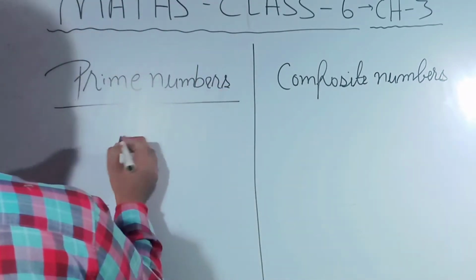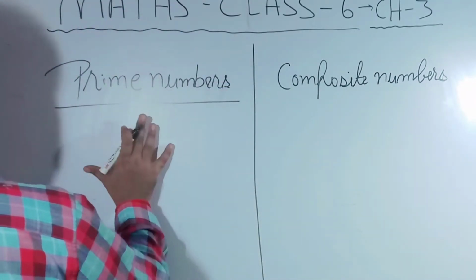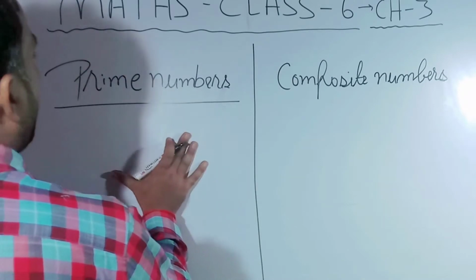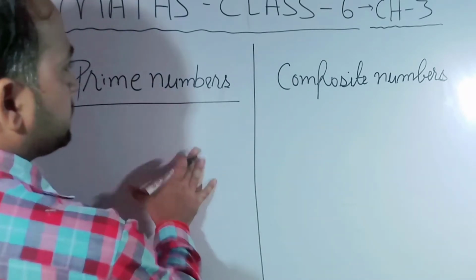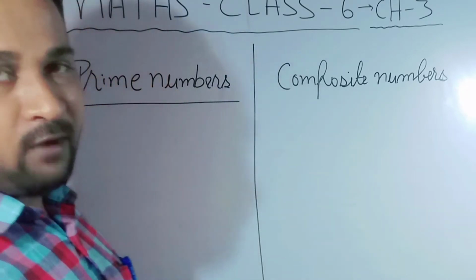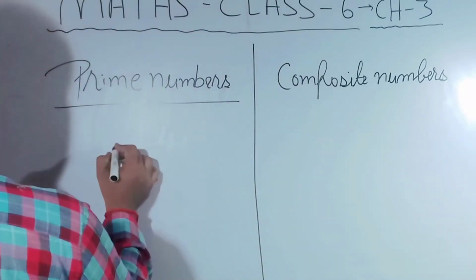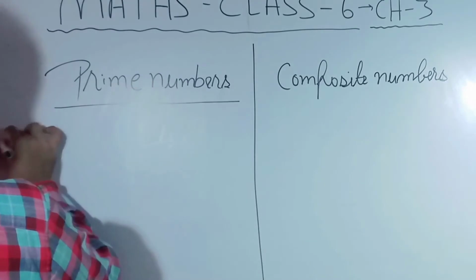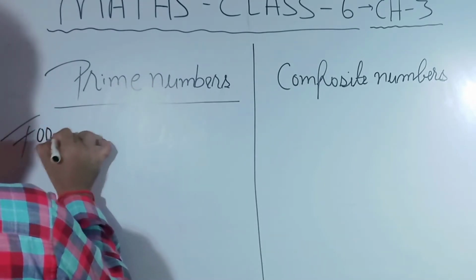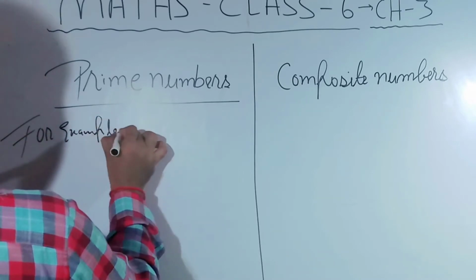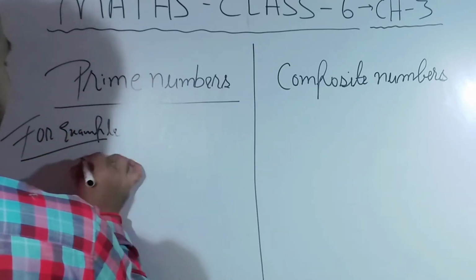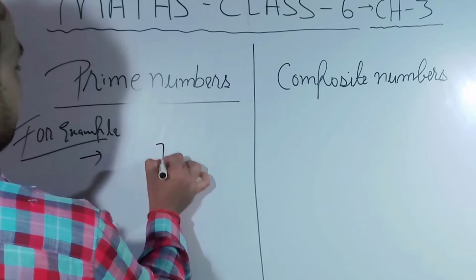Prime numbers. Those numbers which have only two factors. For example, I am taking one number, 7.